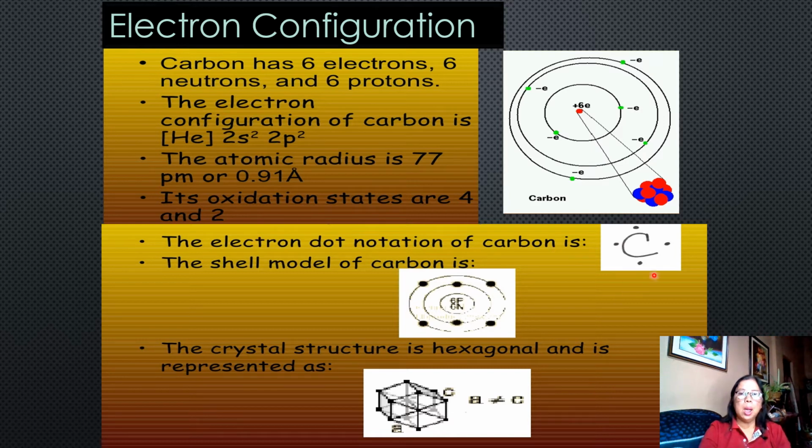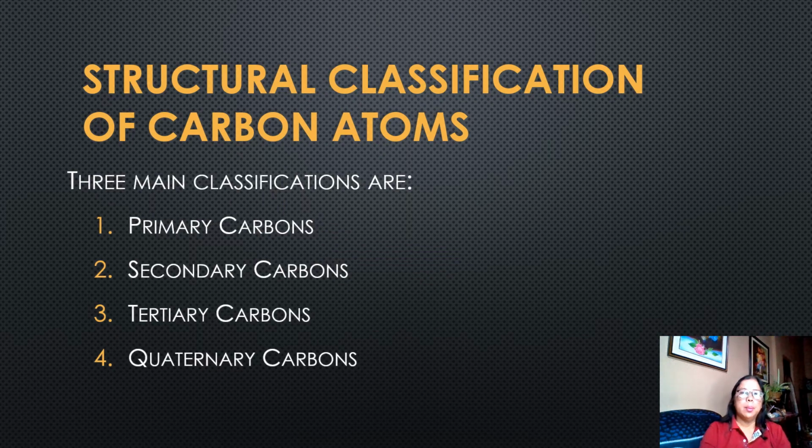Of course, this is how you have drawn your carbon electron dot, and this is how you have drawn also the electron shell distribution of carbon. And this is already the geometric structure of a crystal carbon. All of these things you have met already when you were in your grade school or your high school.